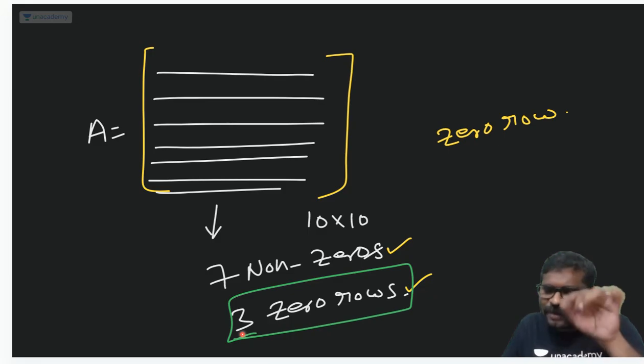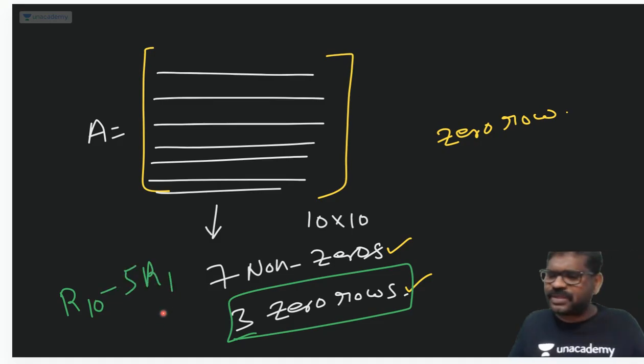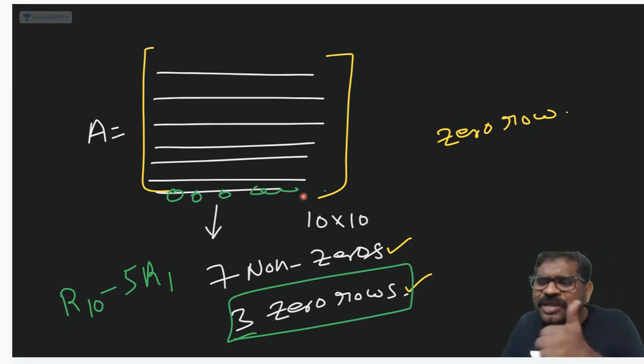Suppose you have applied one operation, R10 minus 5R1. If I apply the operation R10 minus 5R1, suppose I get the 10th row as a zero row. How did it become a zero row?